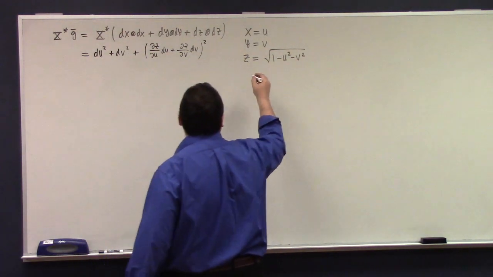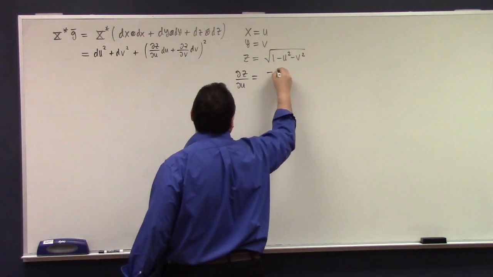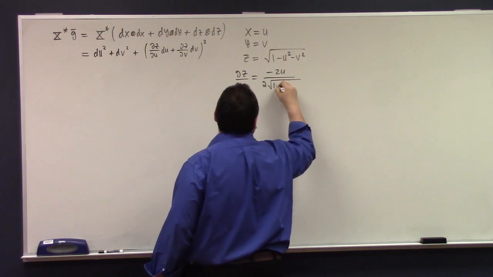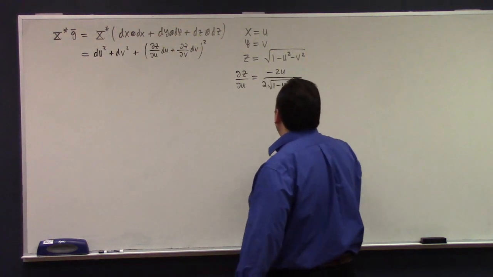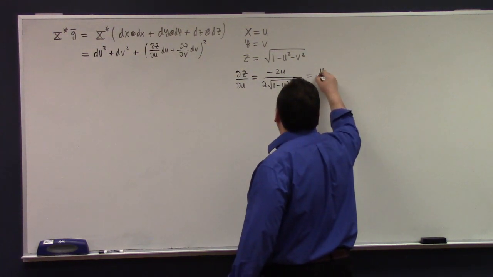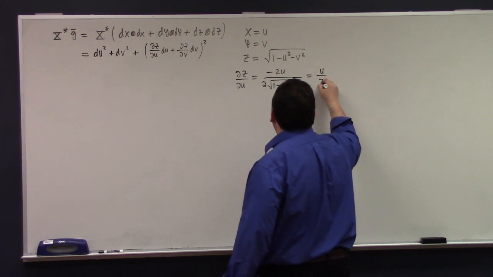Okay, so what is partial z, partial u, for instance? It is minus 2u over 2 square root 1 minus u squared minus v squared, right? So that's actually just u over, I guess it's u over z if I want to be lazy, right?